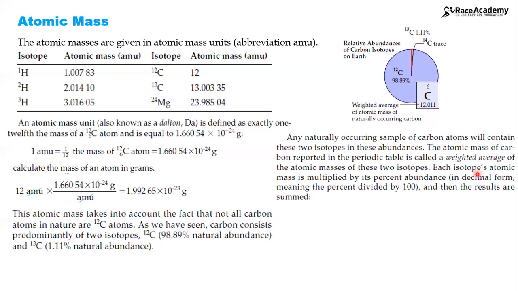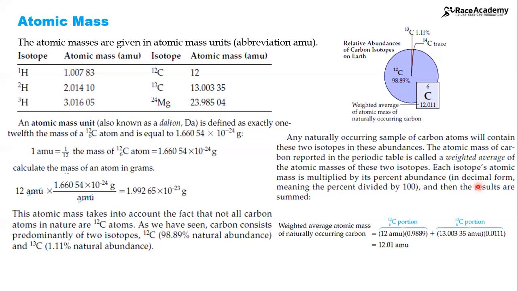mass of carbon reported in the periodic table is called the weighted average atomic mass. Each isotope's atomic mass is multiplied by its percent abundance in decimal form, meaning the percent is divided by 100, and then the results are summed. You can see the weighted average atomic mass of naturally occurring carbon. The carbon-12 portion is 12 times 0.9889, since 98.89% divided by 100 is 0.9889.